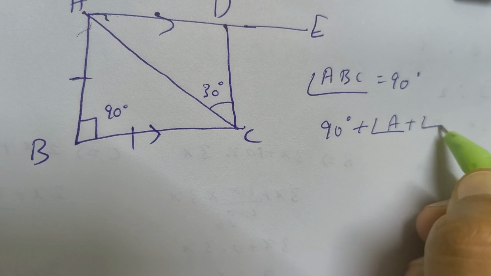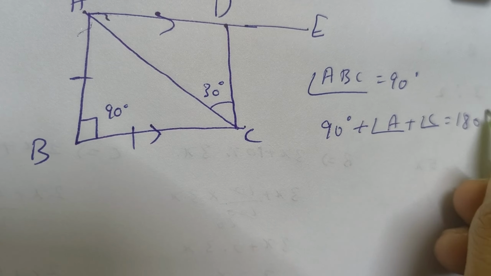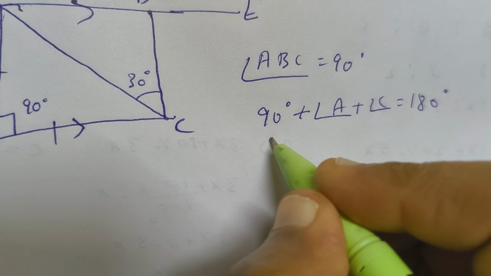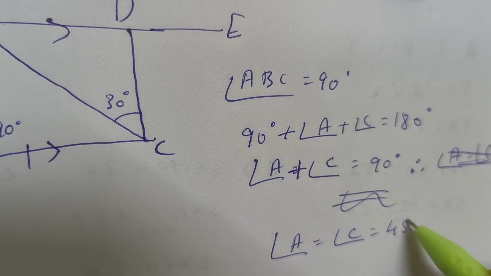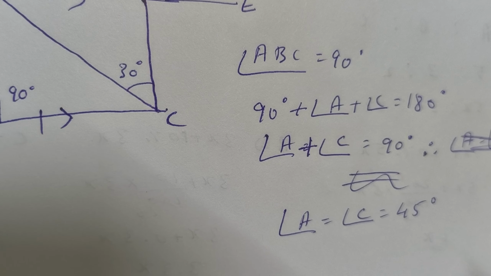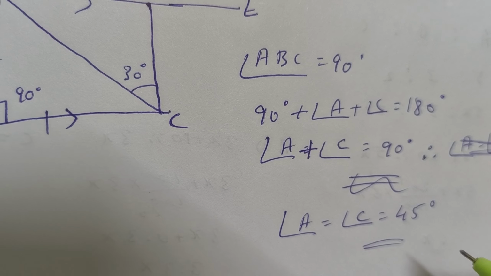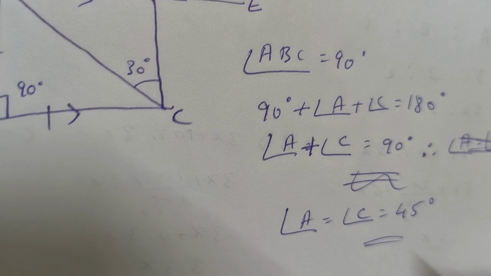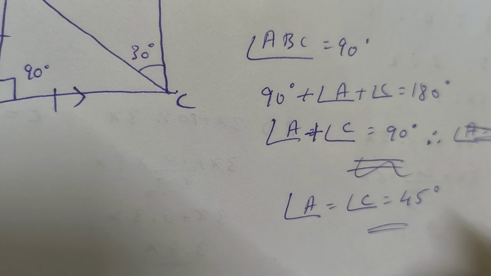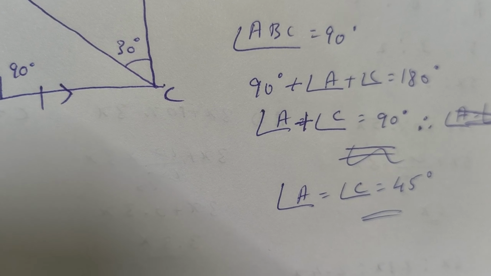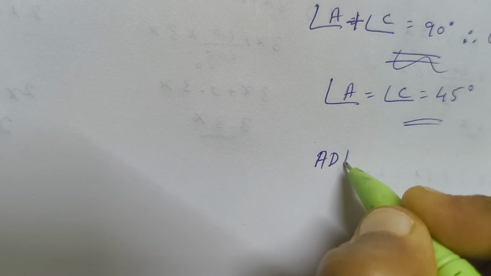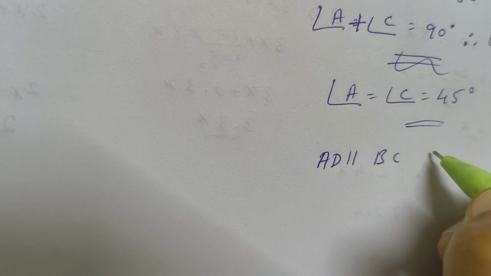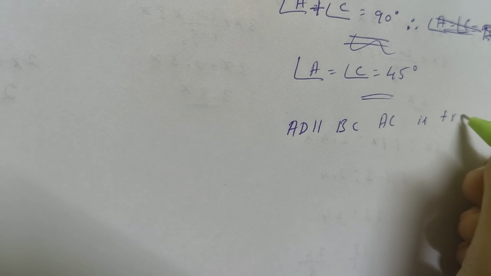So the triangle ABC is a right angled isosceles triangle. Therefore, angle ABC is 90 degree. Therefore, 90 degree plus A plus C is equal to 180 degree. Angle A means BAC and BCA are equal angles. So, angle A equal to angle C, we get 45 degree. So, given that AD is parallel to BC, that means AC is a transversal.